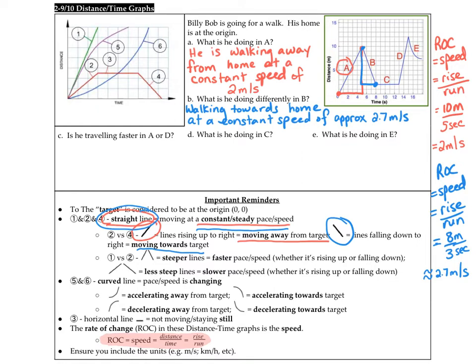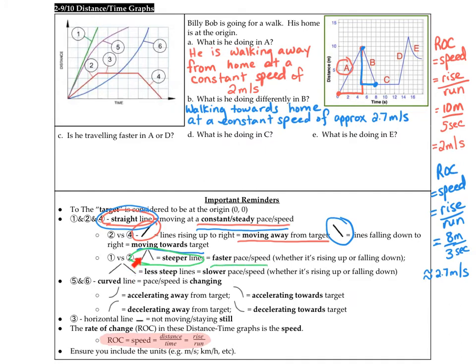Now the next question is, is he traveling faster in A or D? Now, you could calculate the speed of D using this method, but what you can also do is just take a look at how steep line A is and how steep line D is. And in the Moving Man, we talked about it, that if the line is steeper than this line, what that means is he's walking at a faster pace.